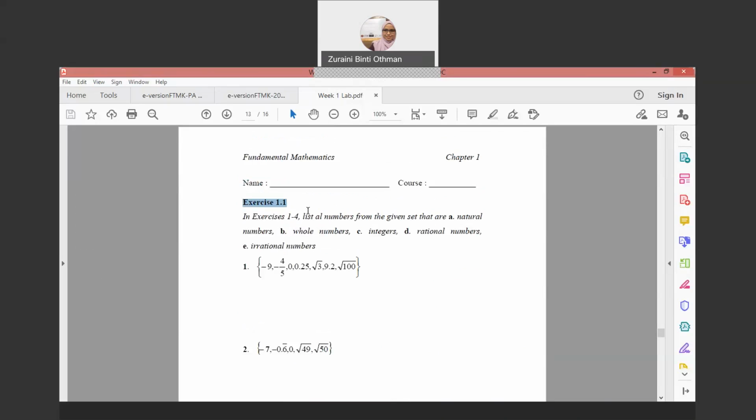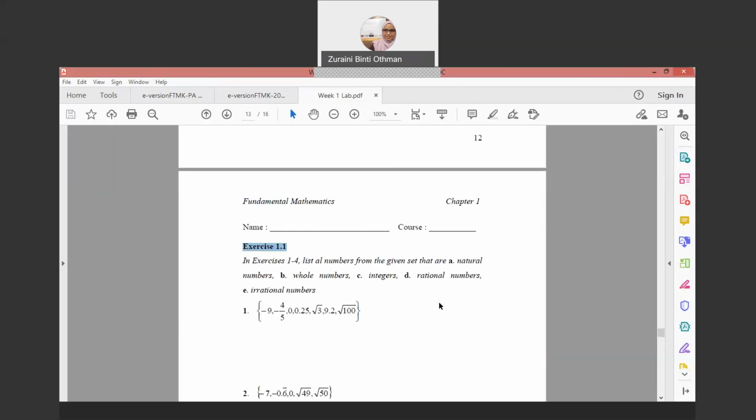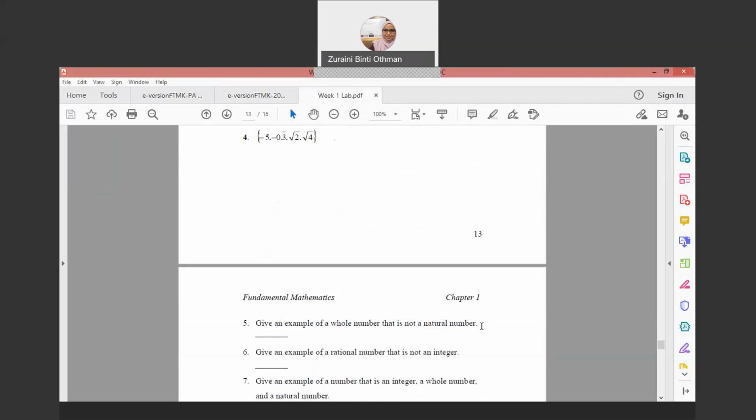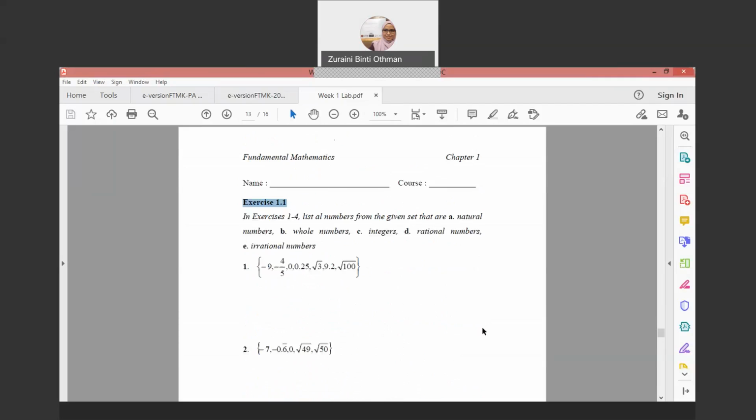Under week 1 lecture, there is a simple exercise. Please do it. It will represent your attendance, but it's not only for your attendance. It's also important because if you can answer that particular question, it means that you already understand my lecture for today. Okay, so please answer.